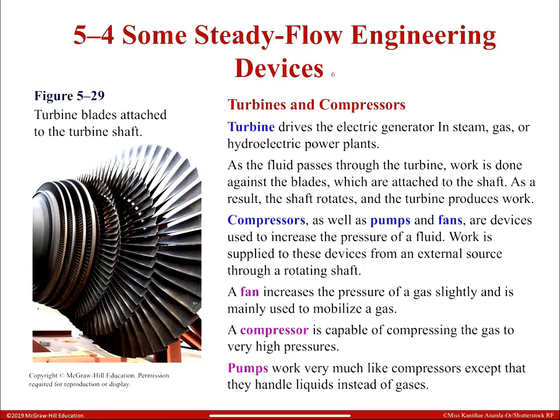Work is supplied to these devices from an external source through a rotating shaft. A fan increases the pressure of a gas slightly and is mainly used to mobilize a gas. A compressor is capable of compressing the gas to very high pressures, and pumps work very much like compressors, except that they handle liquids instead of gases.